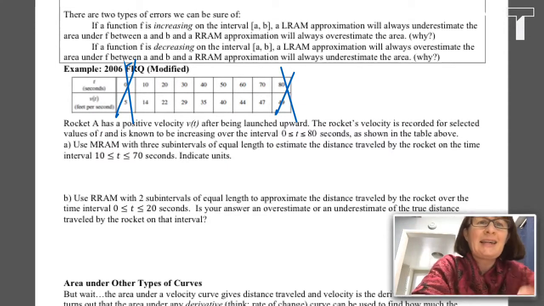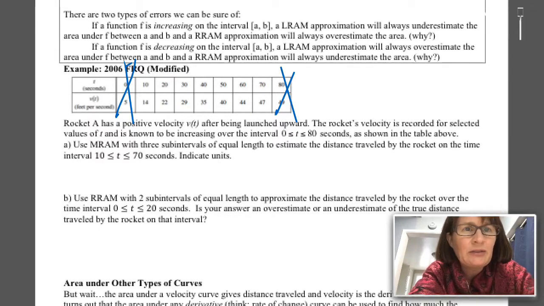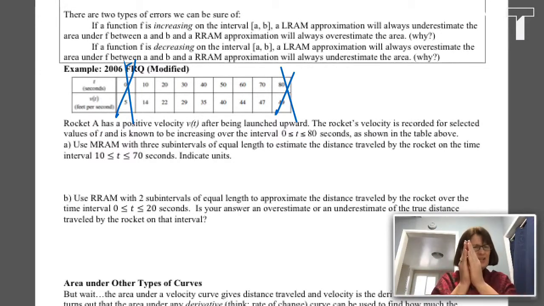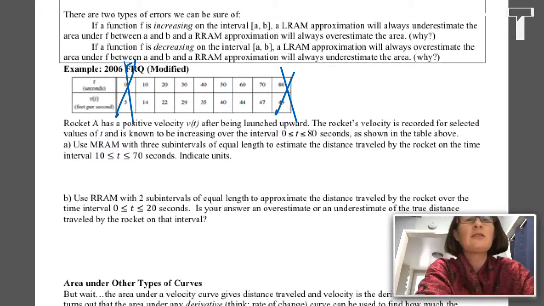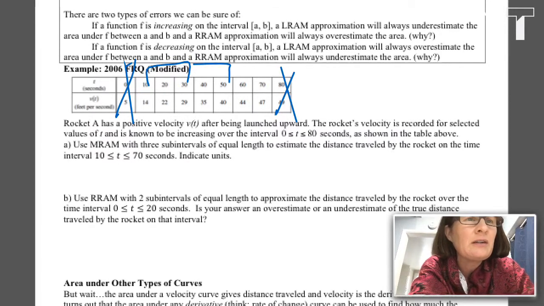So now I've been asked to take this 10 to 70 time interval and split it up into 3 rectangles. I like to draw this in. That's 10 to 70, a difference of 60, which means each rectangle is going to cover 20 seconds. So my first rectangle is going to cover 10 to 30. My second rectangle is going to cover 30 to 50. And my third rectangle will cover 50 to 70.